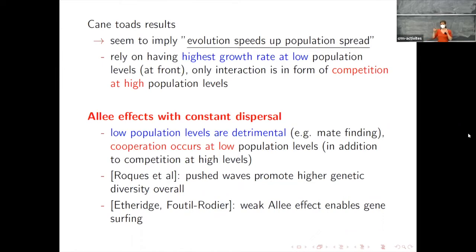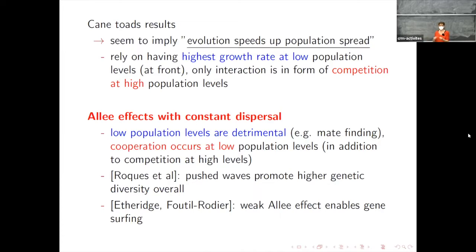There's this general conclusion: evolution, in this case where the trait is the dispersal ability, speeds up population spread, right? The evolution of the dispersal speeds up the population spread. However, as you can see in that model, the drift term was an FKPP equation, which tells you that this relies on having the highest growth rate at low population levels, right?